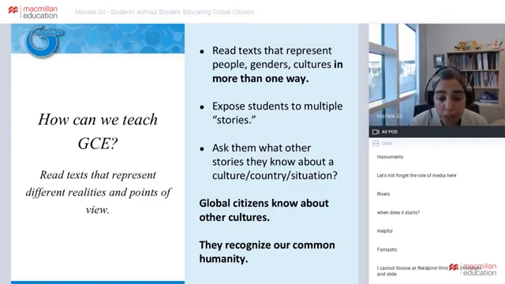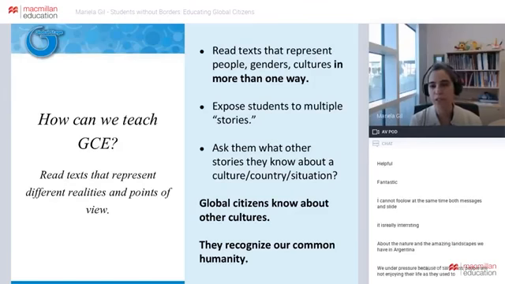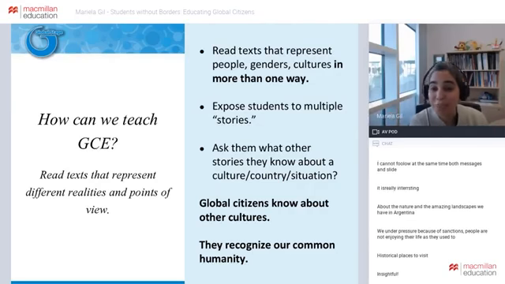Ask them what other stories they know about for a culture, a country, or a situation. And the easiest way is to always start with ourselves. Start with our country, start with our culture, and that way you can see this is what other people see. We are doing the same thing to other people. So let's see that there's more than one story. So that's the first tip.